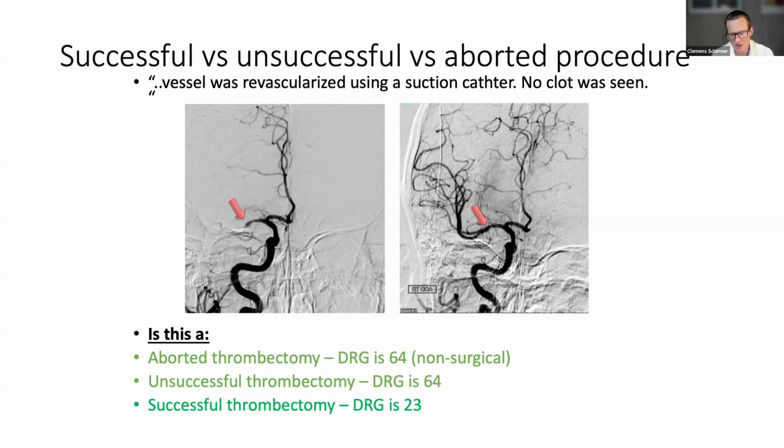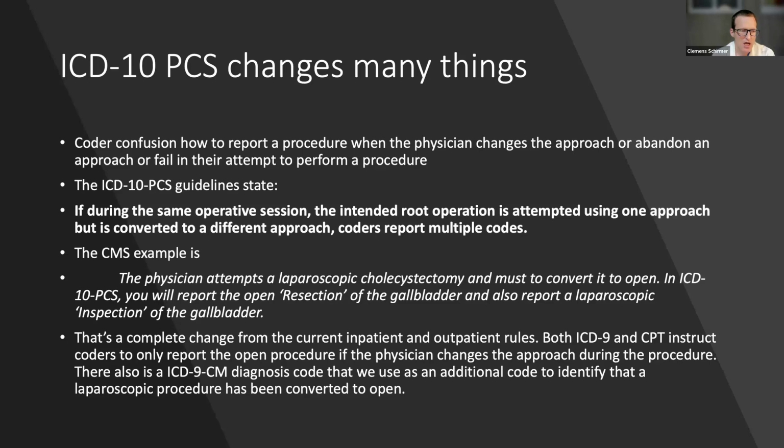I guess it is successful, right? You revascularized the whole thing. That distinction will drive what DRG will be assigned to this, and it will obviously drive the payment for this procedure. And sometimes this is a source of confusion between the inpatient coders, the outpatient coders, and the physician coders that all are trying to look at the same operative note and decide what is the most appropriate thing.